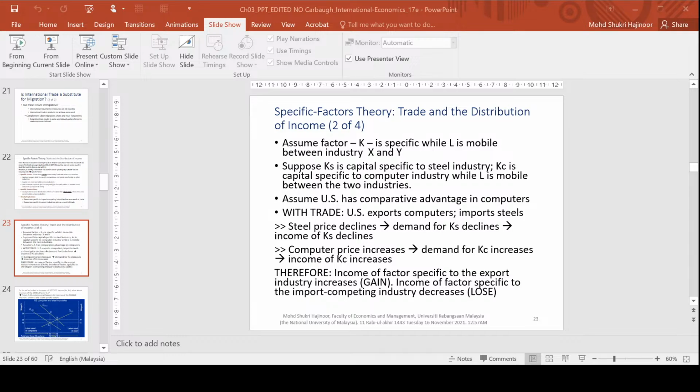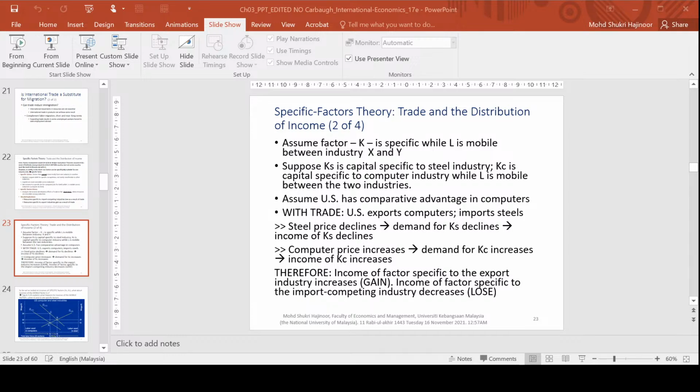Listen carefully at this point. When more computers are produced, more of both factors will be needed. Not one, but both. However, it depends on the intensity of that product.